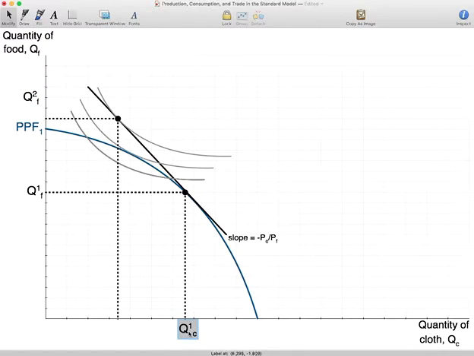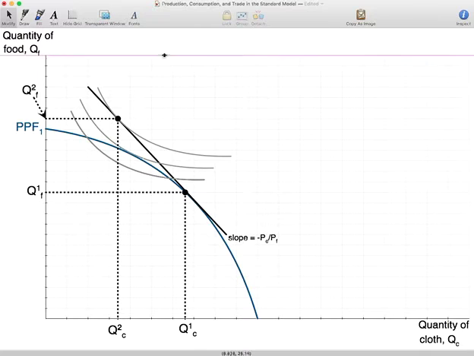And let me do the same thing here, because this will be the second quantity of cloth. Since they're so close there, let me just draw in a line indicating that. So this gives us the new level of consumption after we have a trade occurring between these two nations.